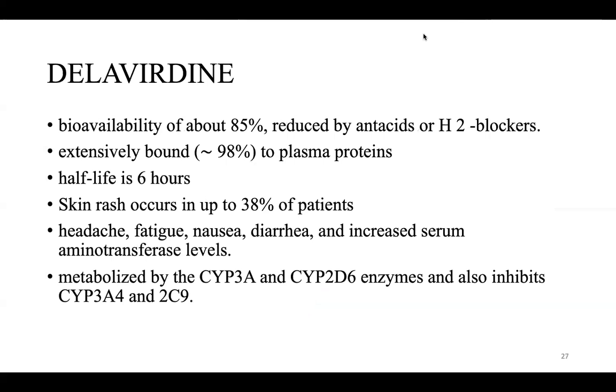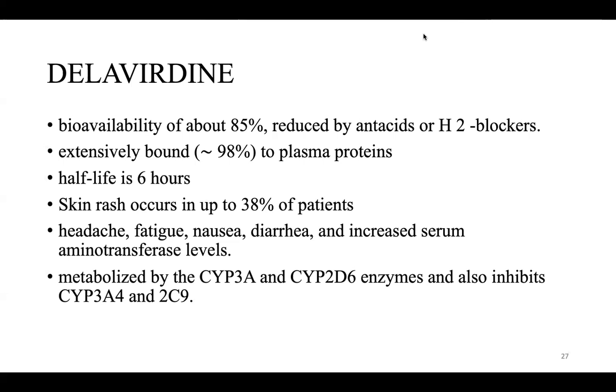Delavirdine has an oral bioavailability of about 85%, but this is reduced by antacids or blockers of H2 receptors. It is extensively bound, near 98%, to plasma protein and has correspondingly low cerebrospinal fluid levels. Serum half-life is 6 hours. Skin rash occurs in up to 40% of patients receiving delavirdine.